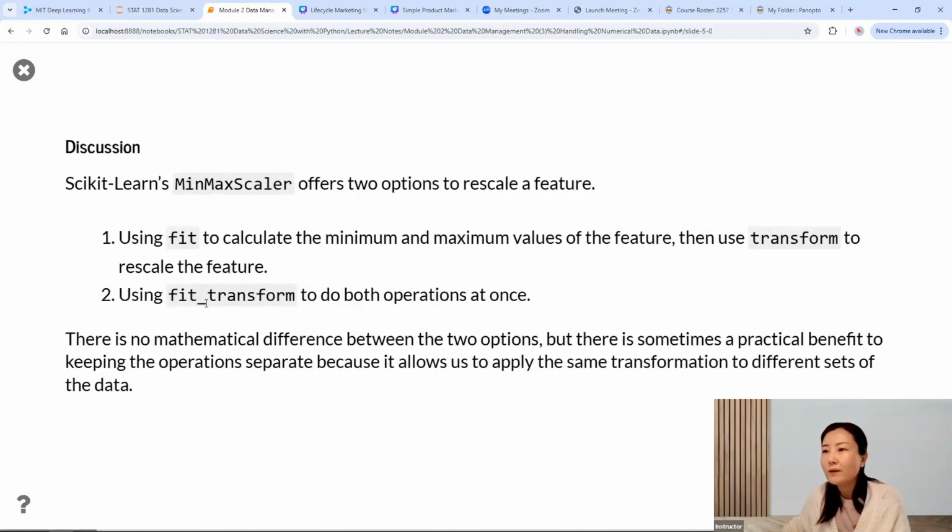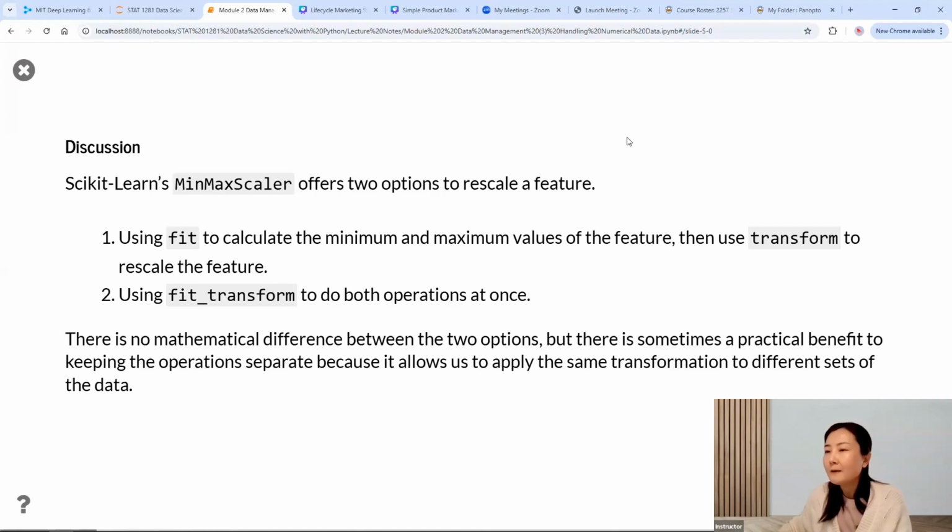And notice that we use fit transform, but actually there are 2 options to scale a feature. One way is to first call the fit method to calculate the min and max values of the feature, and then use the transform method to rescale the feature.